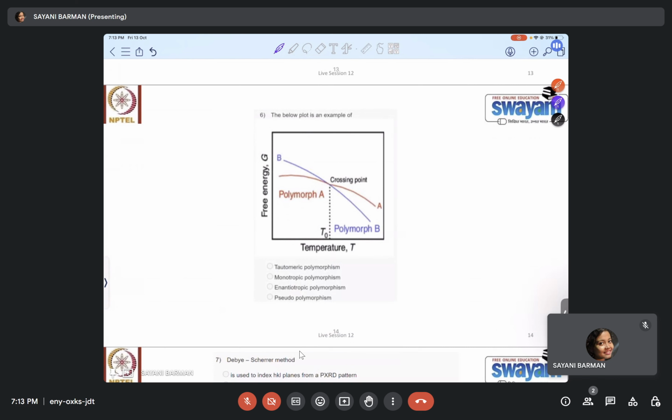You already know what tautomers are, right? Tautomerism is a type of structural isomerism in organic chemistry where isomeric compounds rapidly interconvert through the migration of a hydrogen atom and a bond.